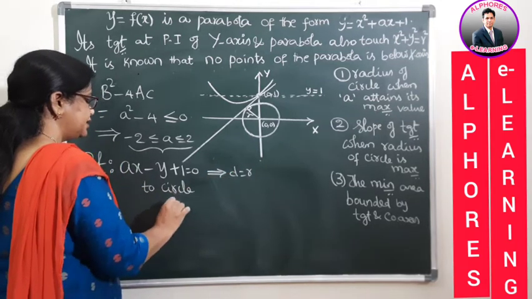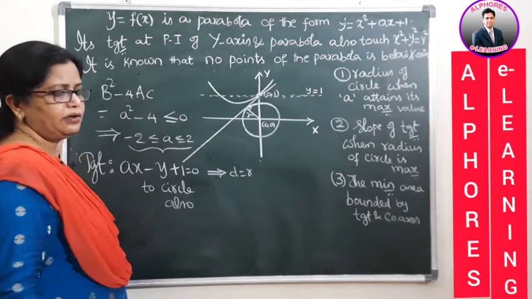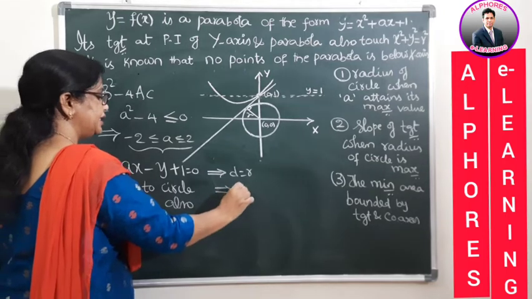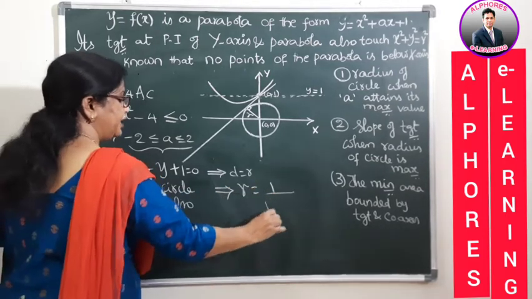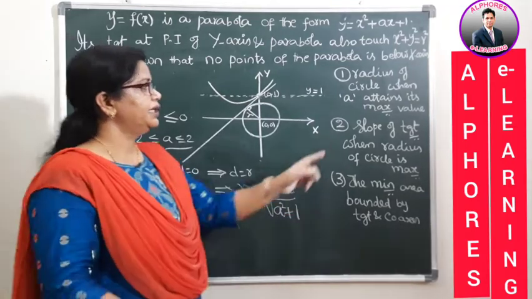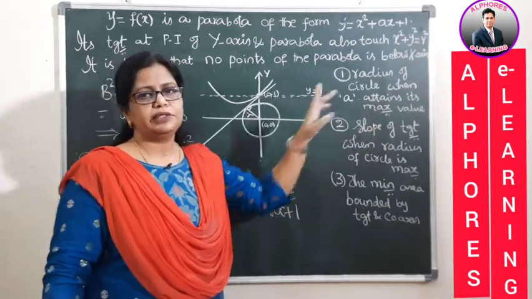Tangent to circle also, and therefore we are writing d equal to r. That implies perpendicular distance, it is nothing but r is 1 divided by root of a square plus 1.